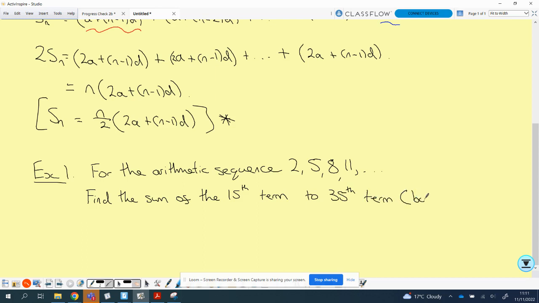I've got to write in brackets both terms inclusive, so we're including the 15th and the 35th as well.